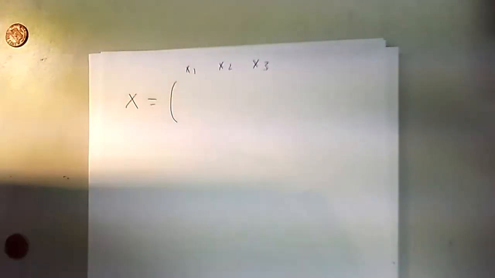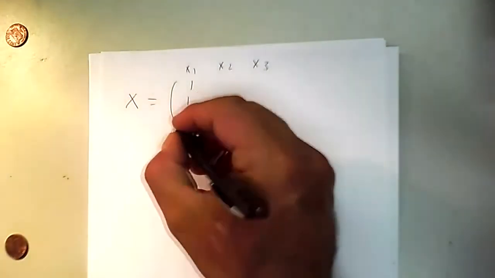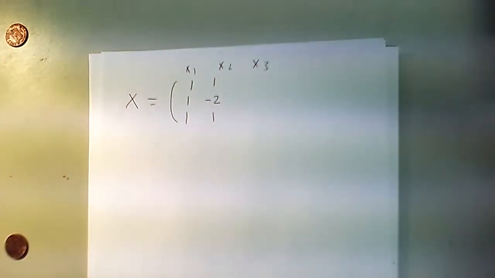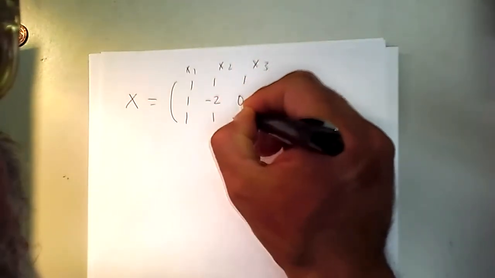Flipping through, yep, x1 is 1, 1, 1. X2 is on my next page, and that was 1, -2, 1. And then 1, 0, -1.